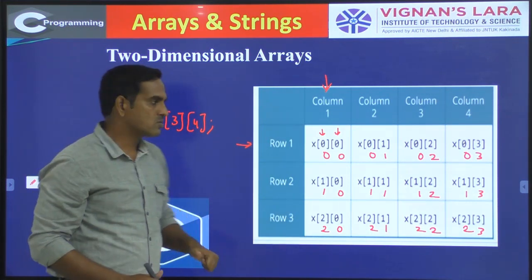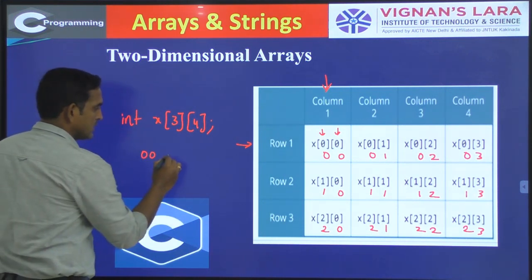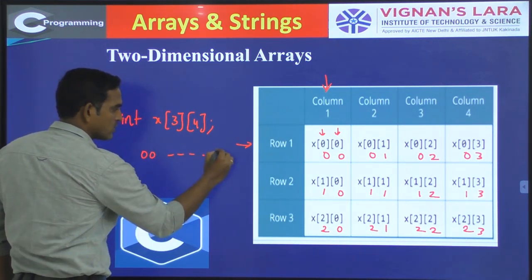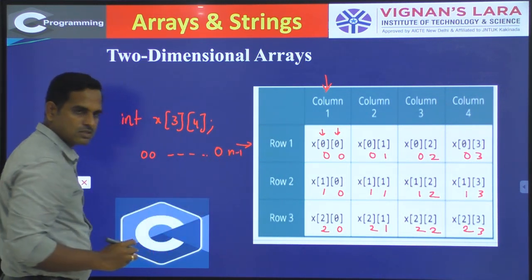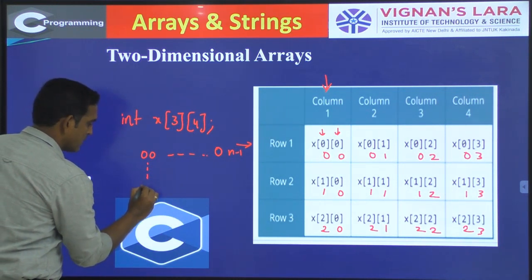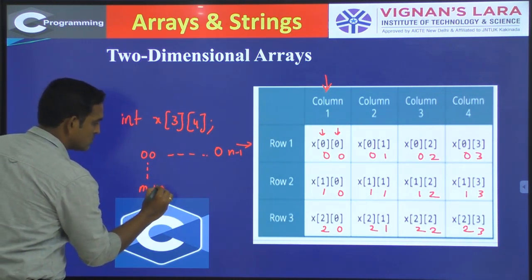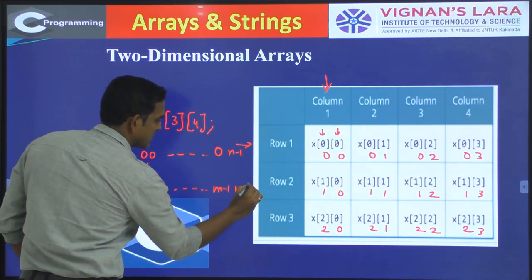So these will be the indices for each and every element present in your complete matrix or two-dimensional array. Your indices will start from 0, 0 and go on to the right until 0, n minus 1 columns, and down to m minus 1, 0 through m minus 1, n minus 1.